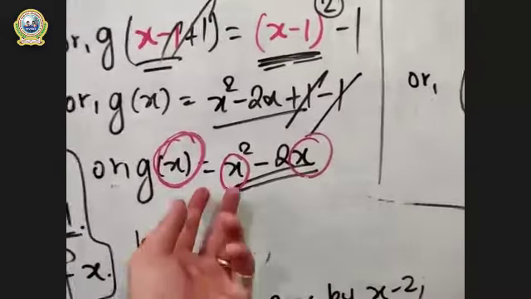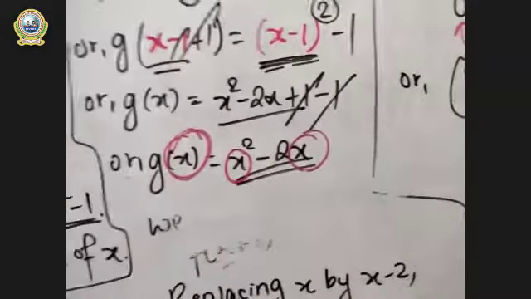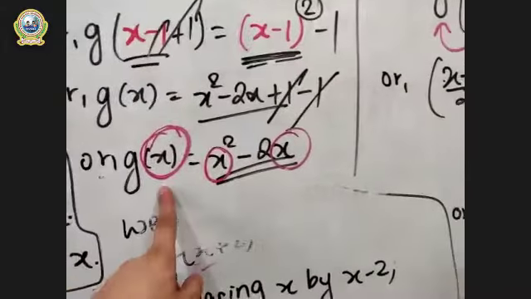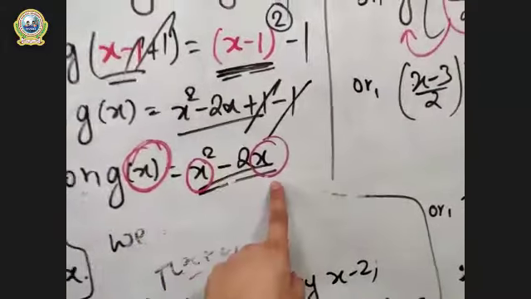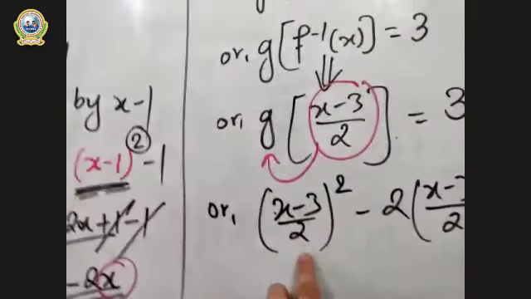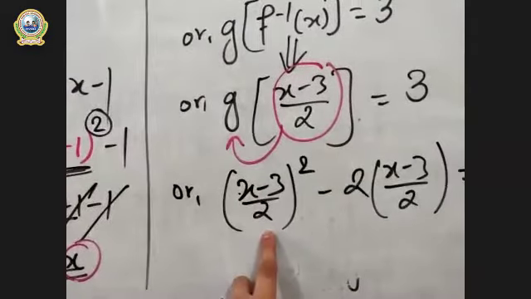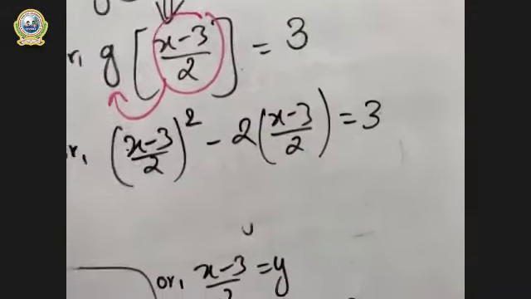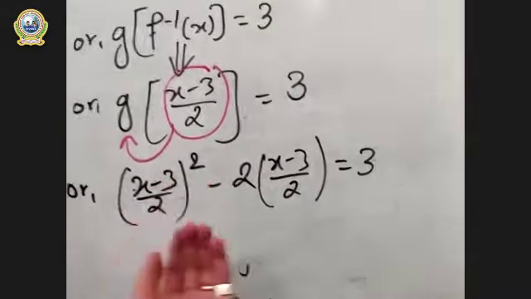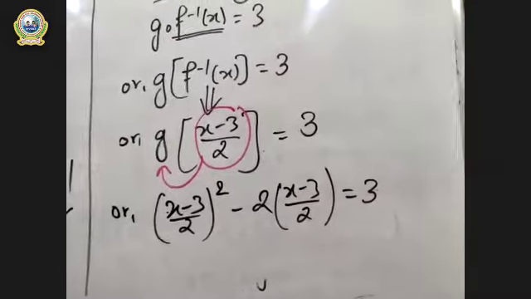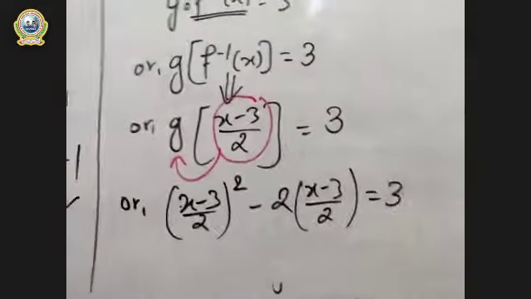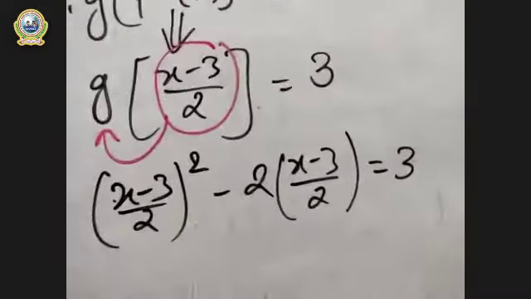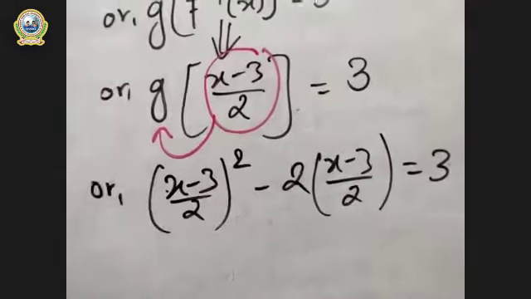It goes like that. Now g this will be this square minus 2 this. So look at here. Our this is x minus 3 by 2. So it will be this square minus 2 this. Are you clear? Is equal to 3. Now you have to solve for x. This is very simple now. You will get a quadratic equation and you will obtain two values.